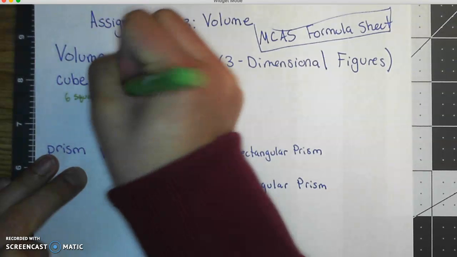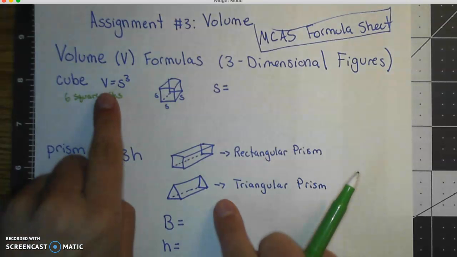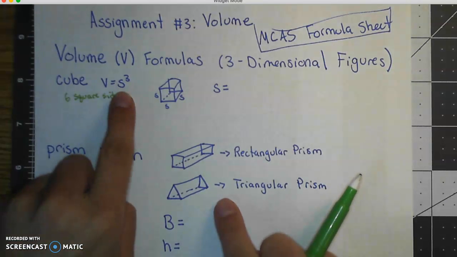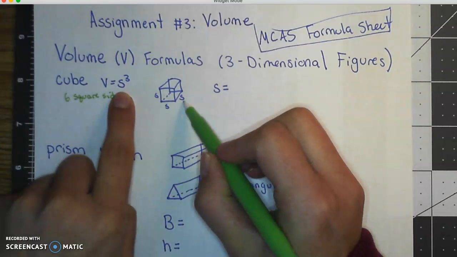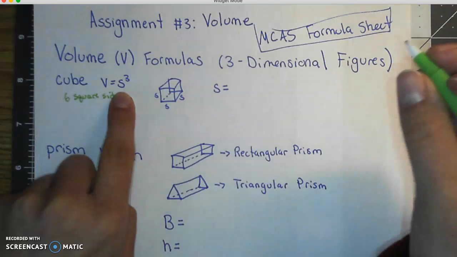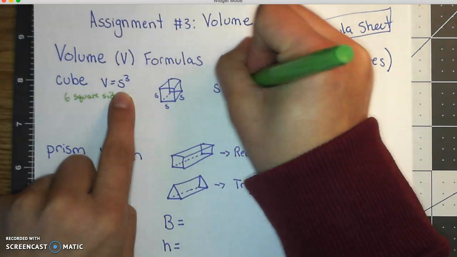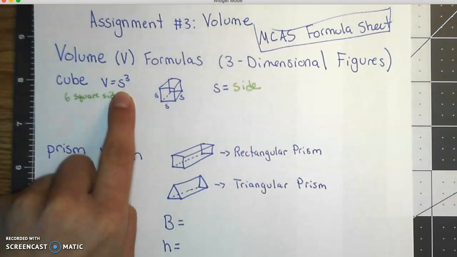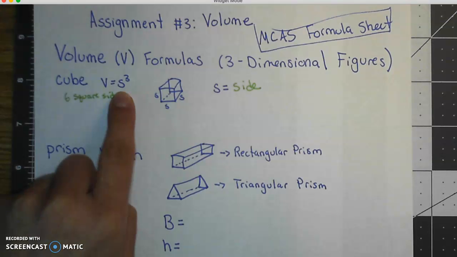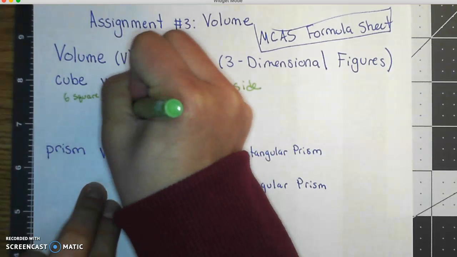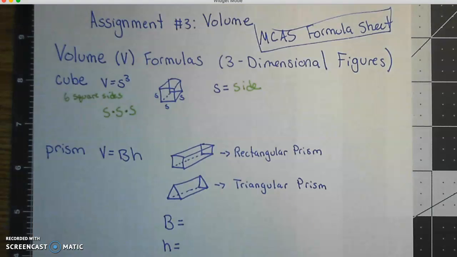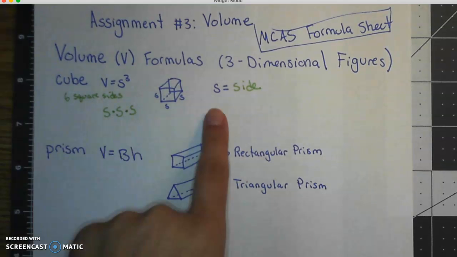All we have to do to find the volume of a cube is find the side, since all the sides are the same, and cube it. So S equals the side. It's S cubed, which is S times S times S. And that's for a cube. S stands for side.